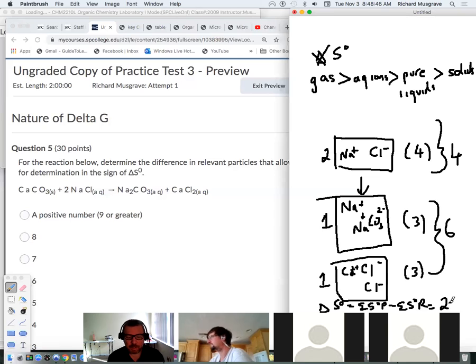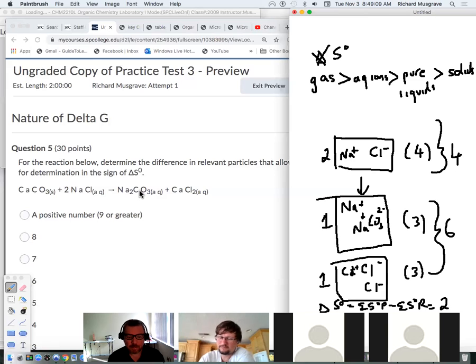Does anybody have any questions? Now, just as a rule of thumb here, the side that has the solid will always have less entropy than the side that doesn't have the solid. I think that's a good rule of thumb to realize. And if the solid is on the reactant side, it means there's an increase in entropy.